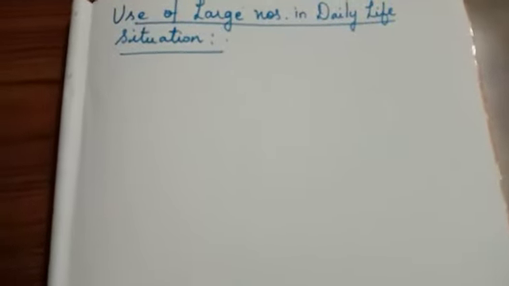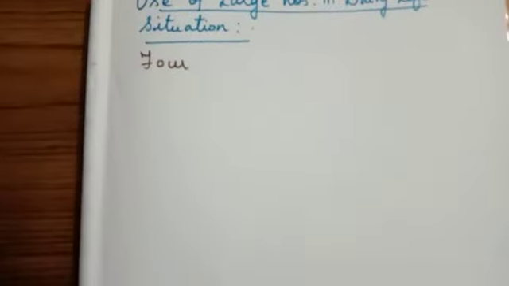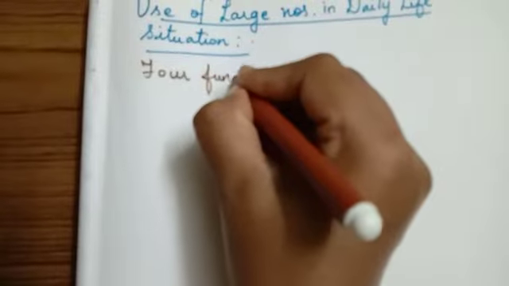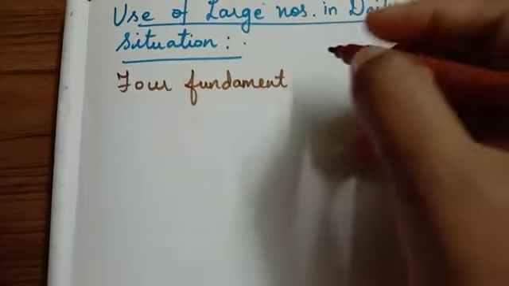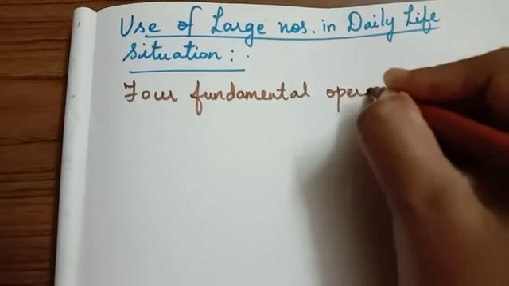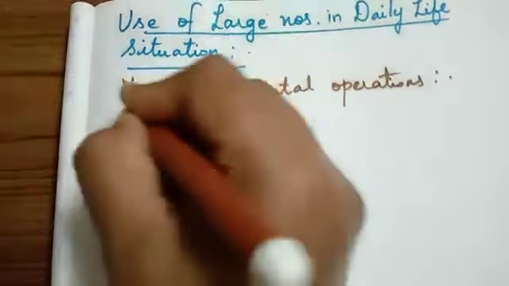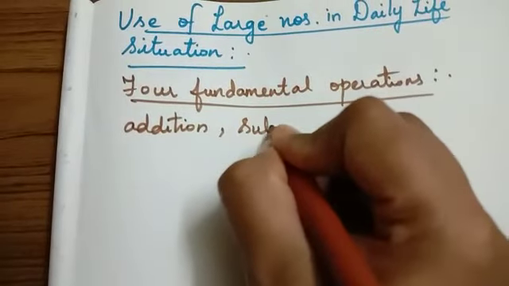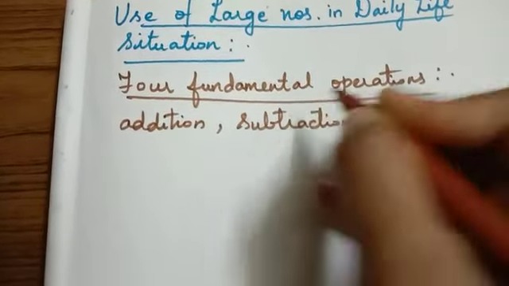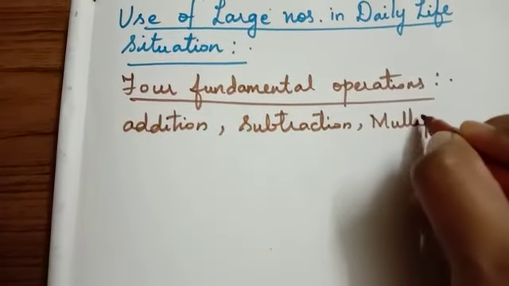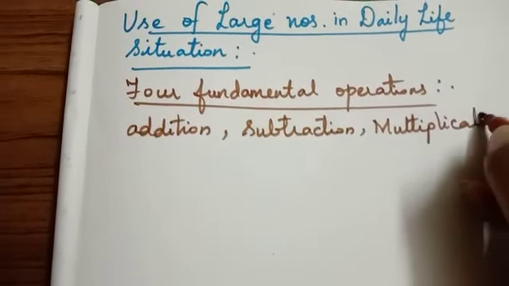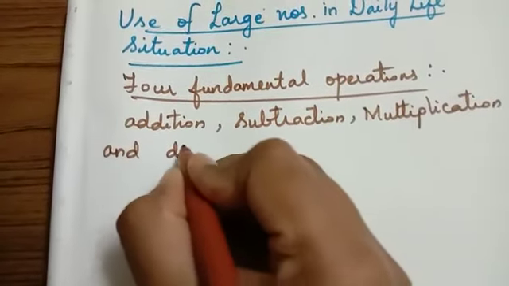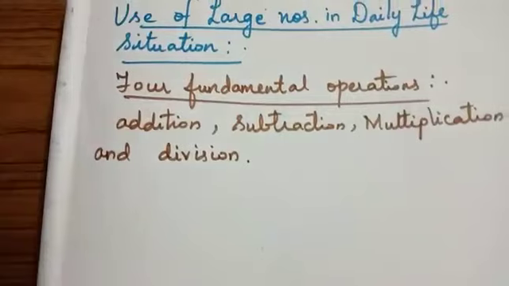All these four are called the four fundamental operations: addition, subtraction, multiplication and division. So using a large number, let's solve one problem.